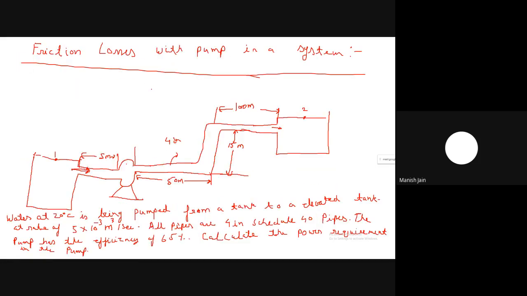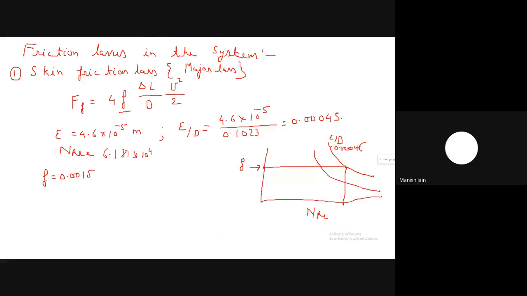So this is 5 meter, this is 50 meter, this is 15 meter, this is 100 meter. So the total length of the pipe is delta L equal to 5 plus 50 plus 15 plus 100, that is equal to 170 meter.